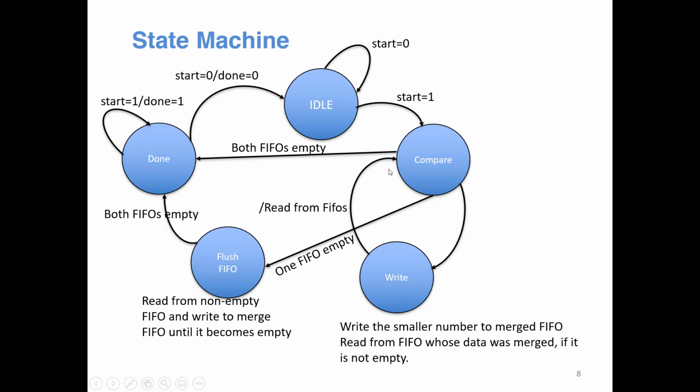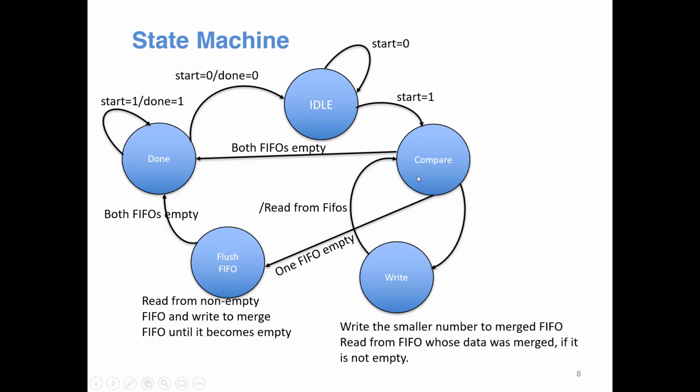This is the state machine internally implemented by our IP. Initially the IP will be in the idle state, and it will remain in the idle state as long as the start signal is 0. The start signal is coming from the control register, which will be set by the processor once both arrays are sent to our IP. Then it will come to the compare state, and it will compare the output from both FIFOs, and whichever is smaller, it will write to a third FIFO, which is called our merge FIFO.